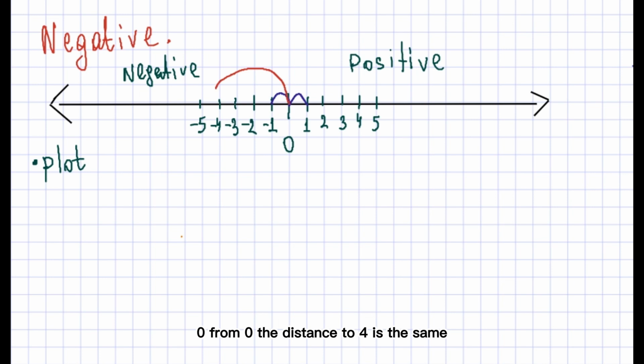The distance from 0 to 4 is the same as the distance from 0 to negative 4. So, as we see, distances are the same. Their positions are different and so their signs are different.